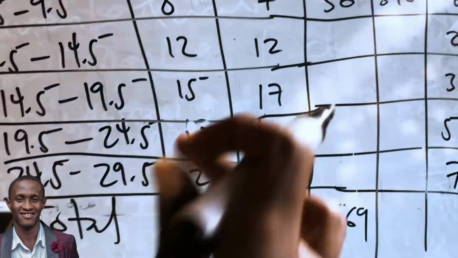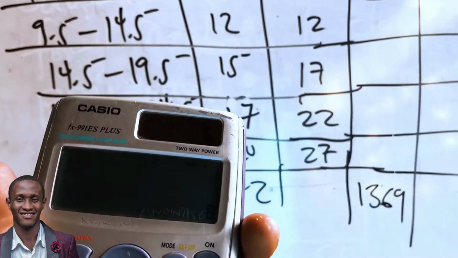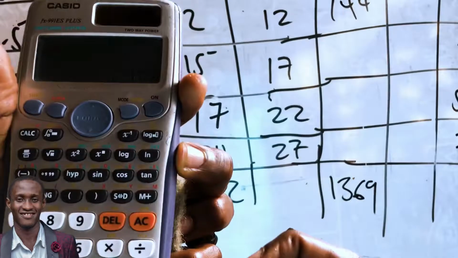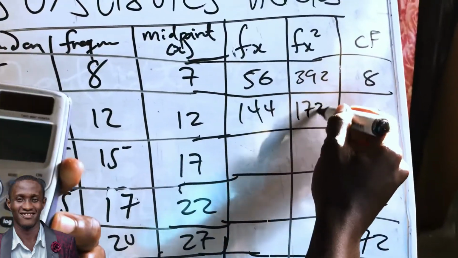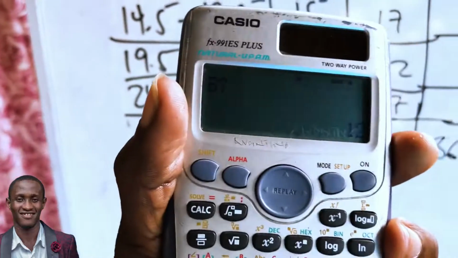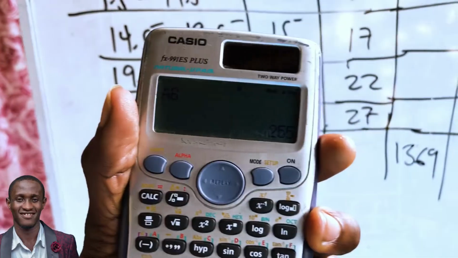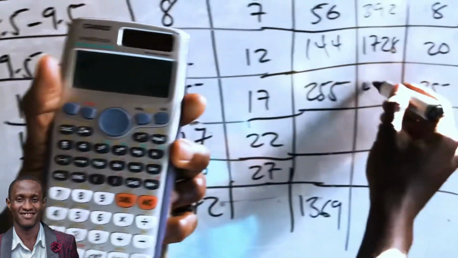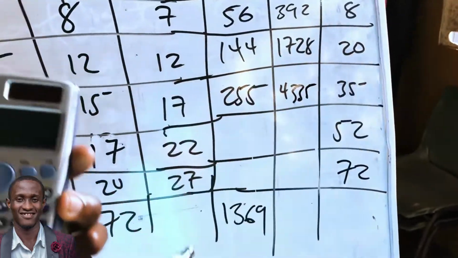Then I'll change the values now, you go to 12, you go to 144, 1728. Then you go to 15, you go to 17, so 255, 4335.